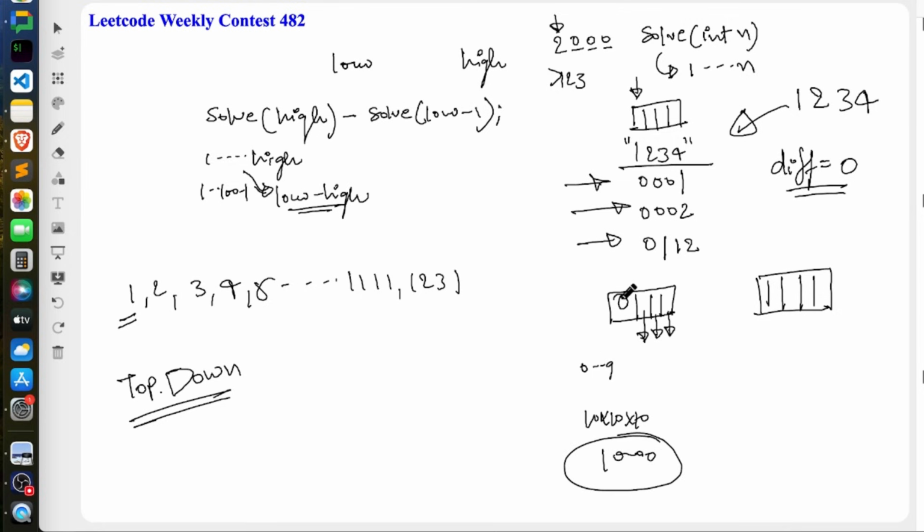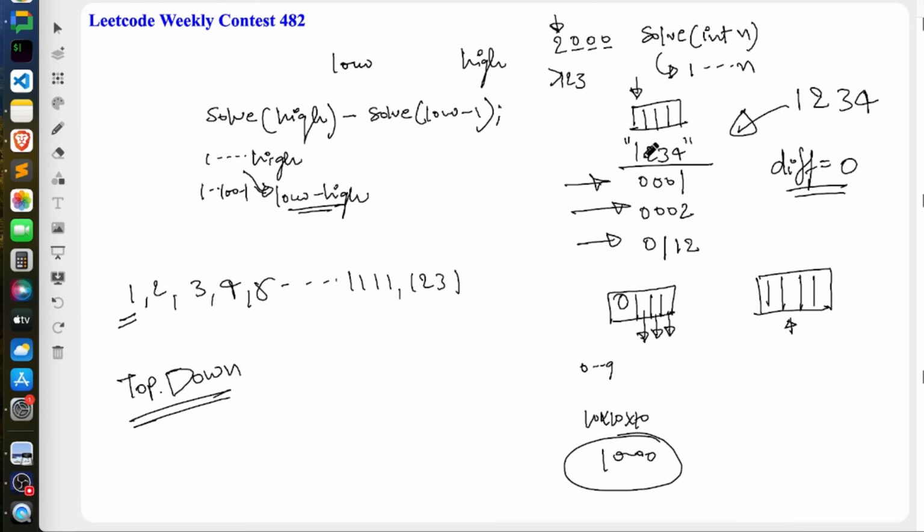See, if you keep 0 here, this number can only be up to a 3 digit number, and a 3 digit number will always be less than 1234, so we can keep any number from 0 to 9. Now let's suppose this other case. If you keep 1 here, then how many possibilities are there for the next place?